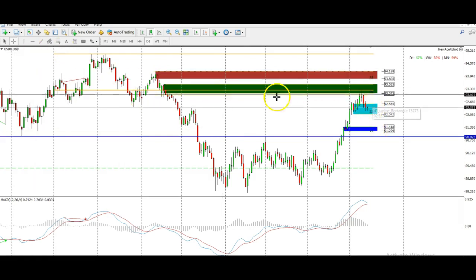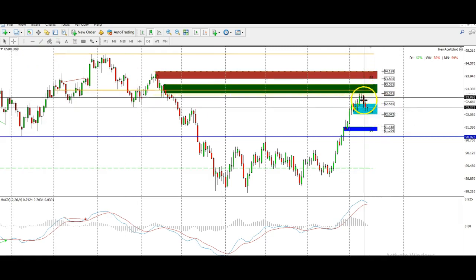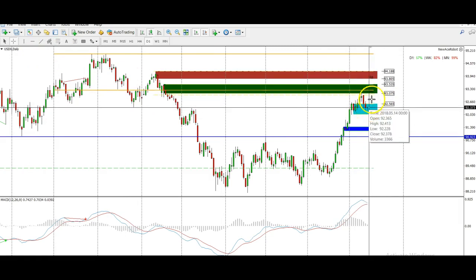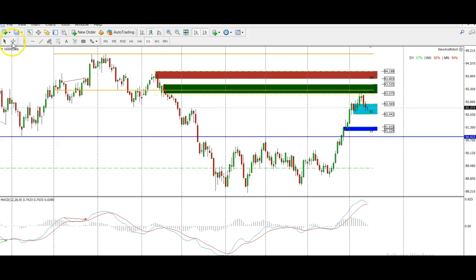But at the minute there's still a bit of bullish momentum. We've had a bit of retracement, and on the daily there is a bit of bullish momentum to the upside. So if this swing low holds, expect a move up towards the 93, 94 area, 93.800, and target this high up here. Currently, the US dollar index could be a bullish continuation.